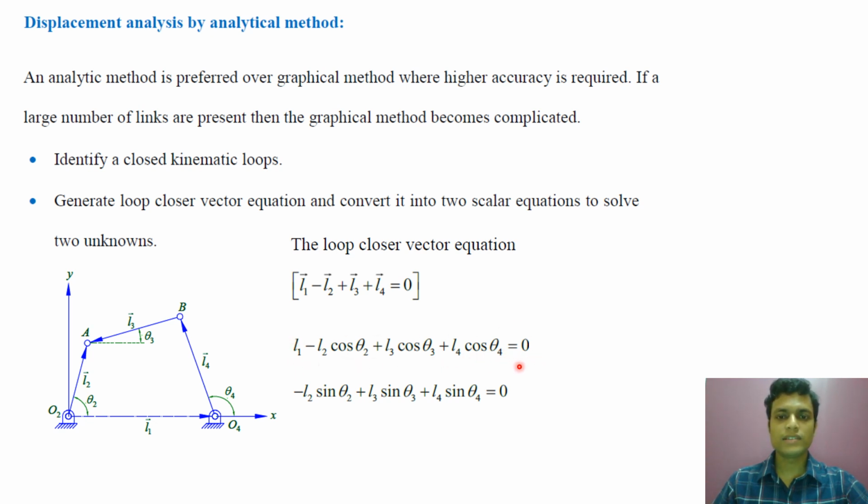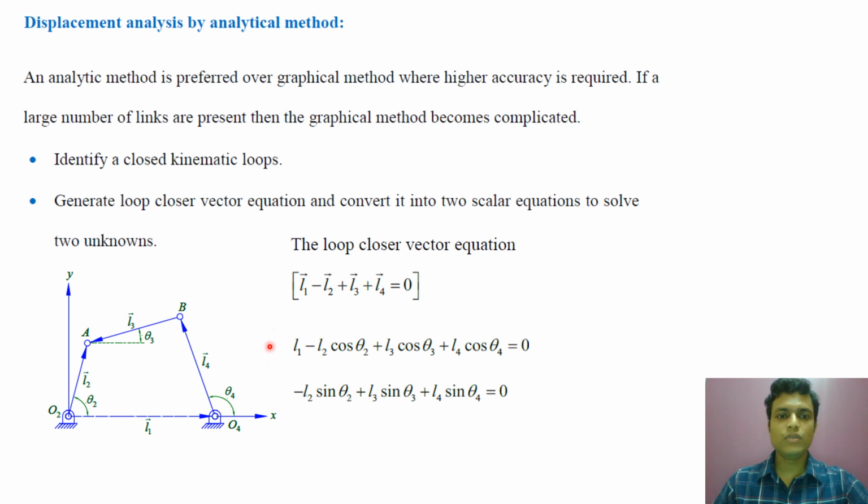So this is the first equation along the x direction. Now the second equation: all components along the y direction will be 0. So minus L2 sin theta 2 plus L3 sin theta 3 plus L4 sin theta 4 is equal to 0.